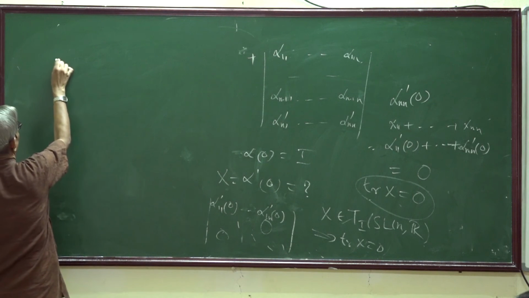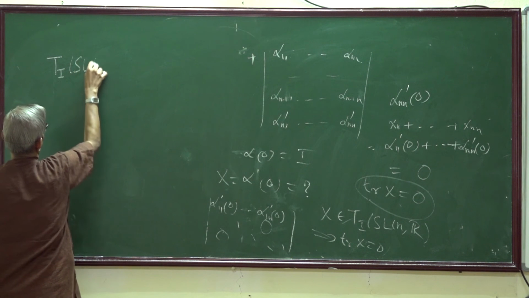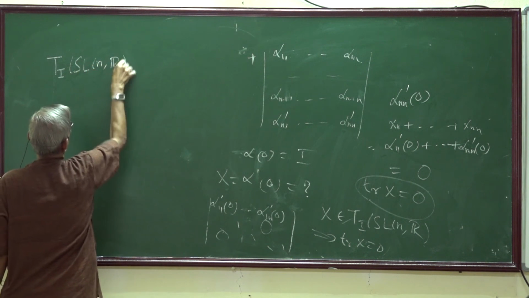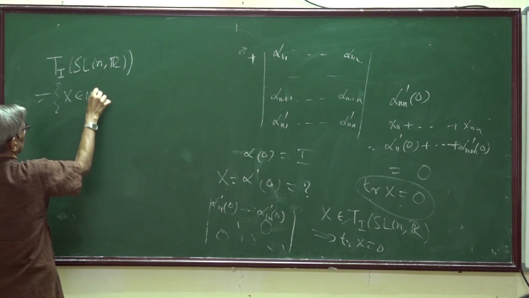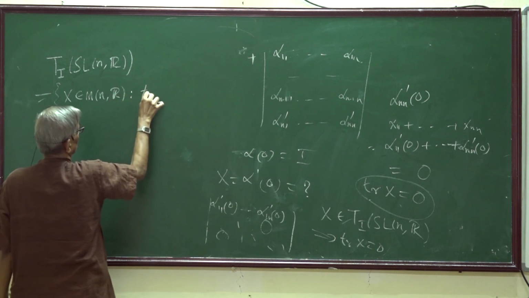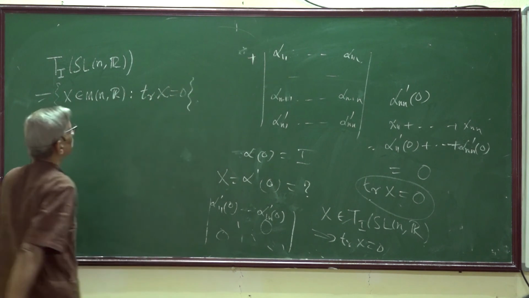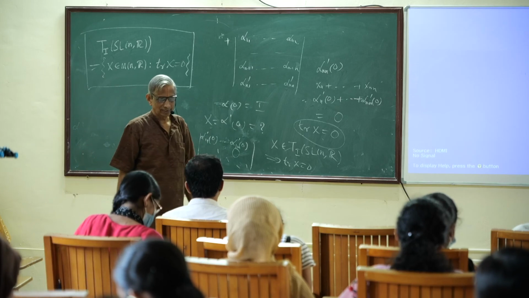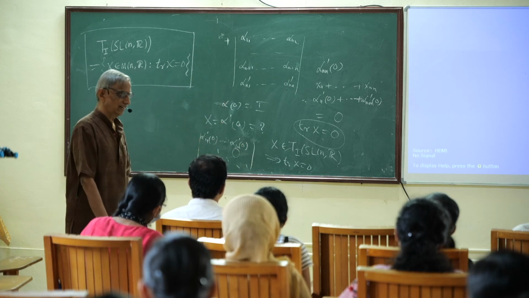Conclusion, therefore, combining this with the earlier one, we have that the tangent space at the identity to SLNR is the set of all matrices of 0 trace. So we have at least calculated one good example of a tangent space.